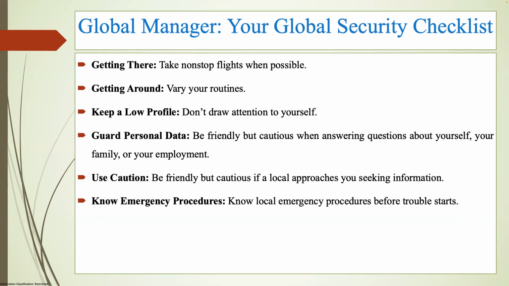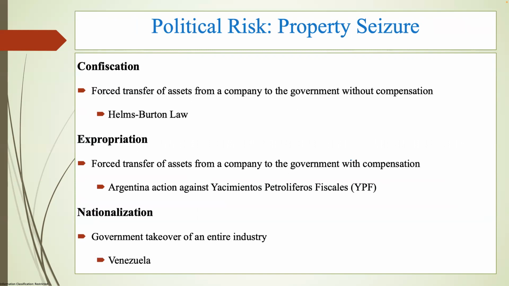Keep a low profile, do not draw attention to yourself. Guard personal data. Be friendly but cautious when answering questions about yourself, your family, or your employment. Be friendly but cautious of a local approach. Learn the local emergency procedures before trouble starts.